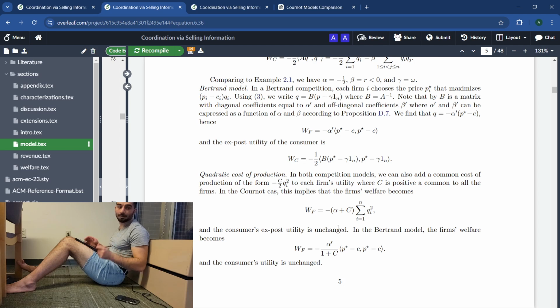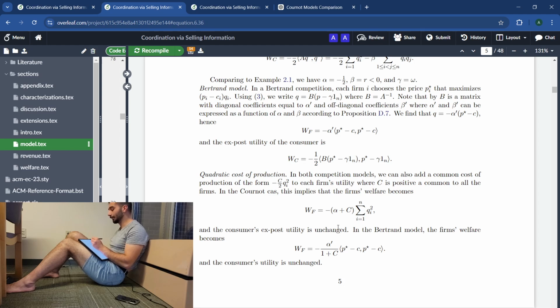And once we have Q equals B P minus thing, that's it. So many formulas. Qi of P is omega plus Rj Pj minus Pi.